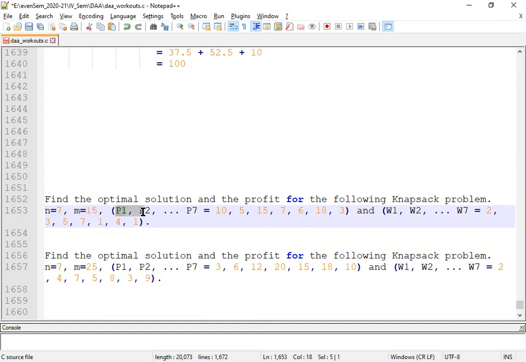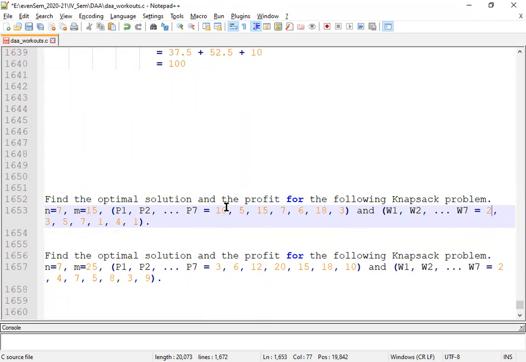P1, P2, up to P7 are the profits of the 7 objects in this order. P1's profit is 10, P2's profit is 5, like that P7's profit is 3. The respective weights of the objects are 2, 3, 5, 7, 1, 4, 1.